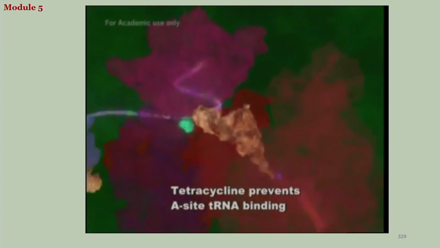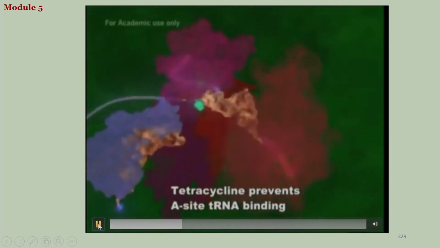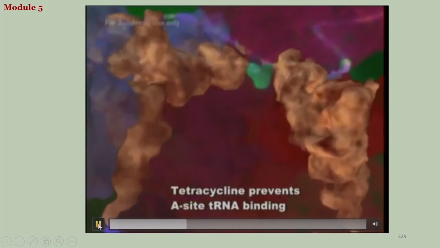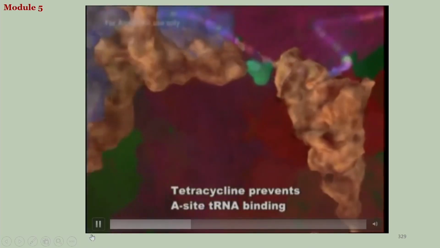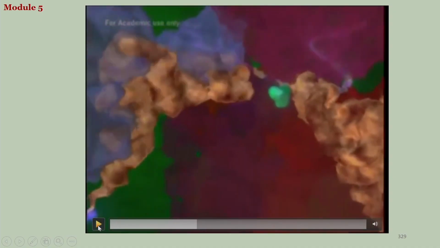This is your antibiotic. So this goes there, binds here, and let us see where it goes. So what happens? This antibiotic goes and binds to the A site of the tRNA.